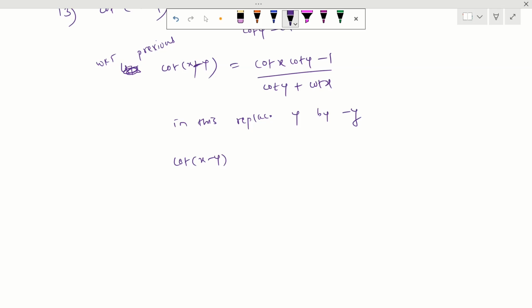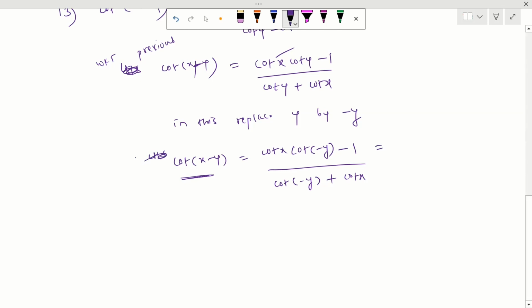So replacing y by minus y, it is cot of x minus y. Now cot x is cot x, cot y becomes cot of minus y, minus 1, divided by cot of minus y plus cot x. Okay, so this is the LHS term.